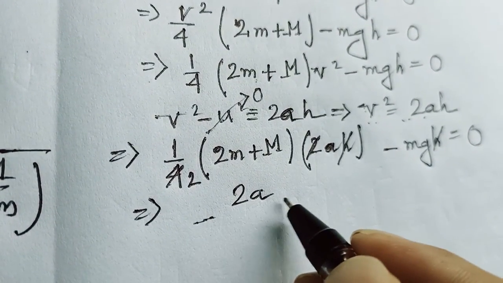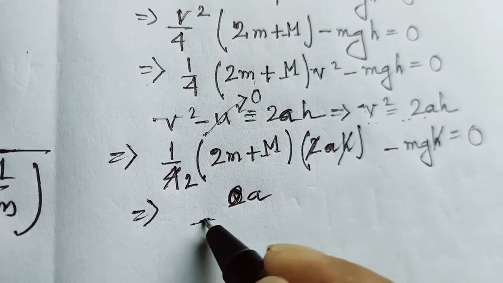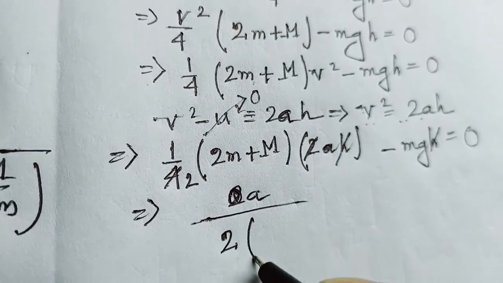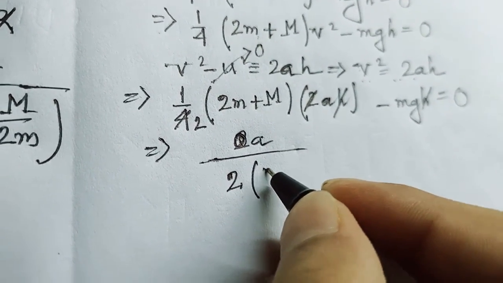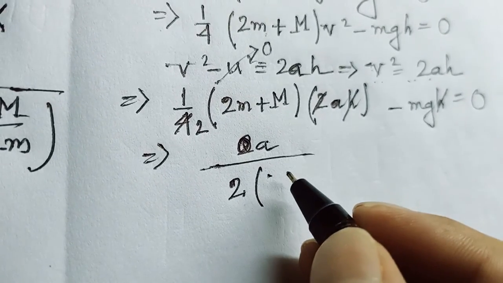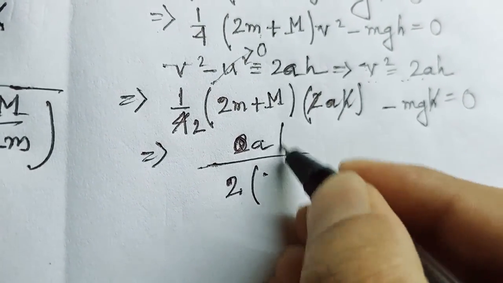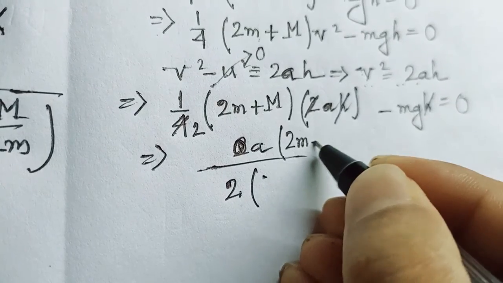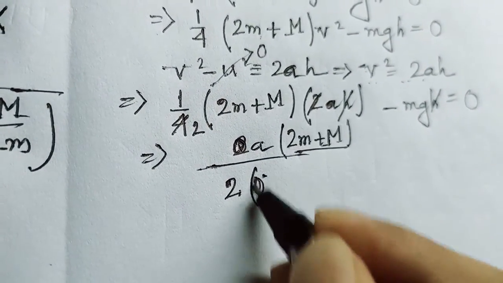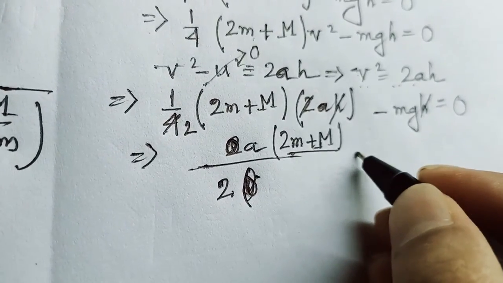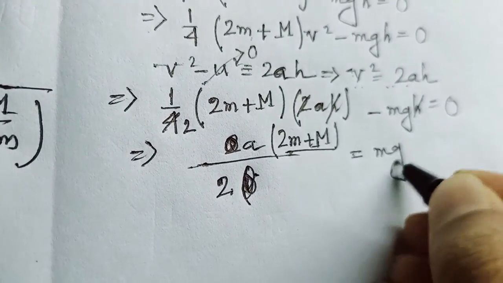So our equation will become a divided by 2 into 2m plus capital M is equal to mg.